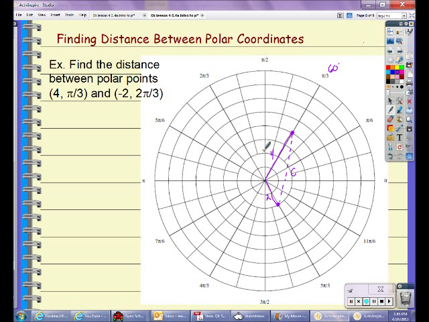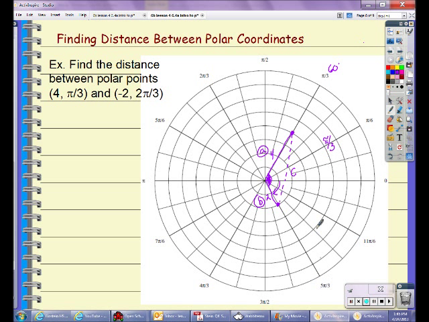So I've got my A, I've got my B. I need to figure out what this angle is. Well, I know this piece is pi over 3, and I know that I can find this angle because I went the negative direction pi over 3, because this was 2 pi, or 6 pi over 3.